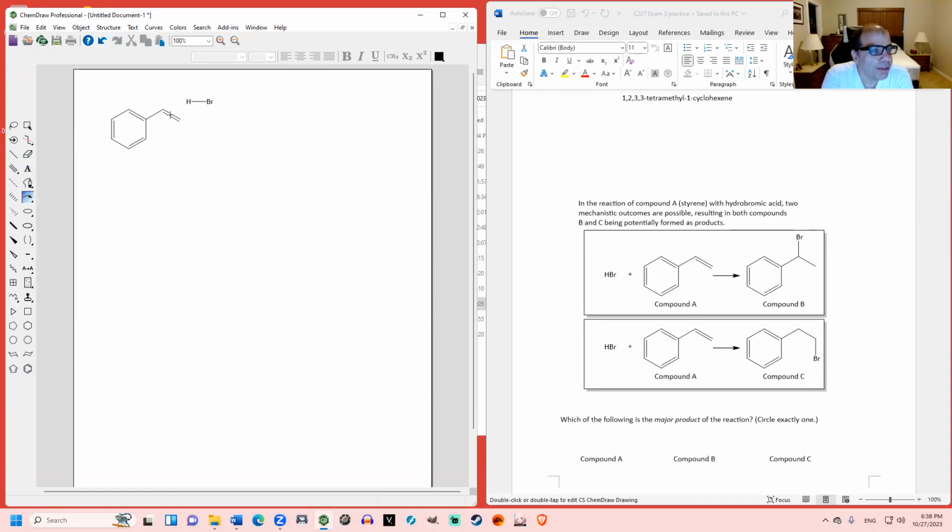In the first step, the double bond swings out to pick up the proton from HCl, HBr, or HI. We break the hydrogen-halogen bond.